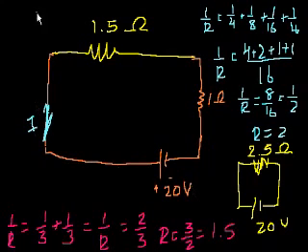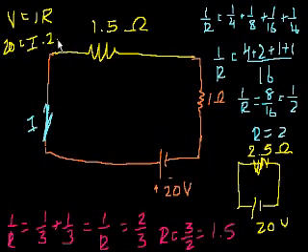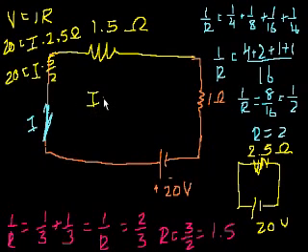So what is the current? Well, Ohm's law: V is equal to IR. Voltage, 20, is equal to current times our equivalent resistance, 2.5 ohms. Or another way to write 2.5 is 5 halves, right? So 20 is equal to I times 5 halves, or I is equal to 2/5 times 20.